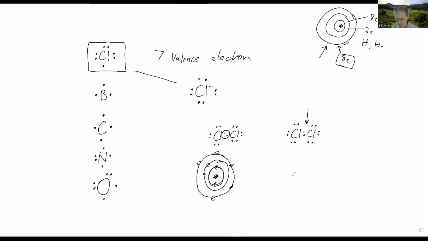What happens in a covalent bond is you have the 2 nuclei and you still have the inner electrons going around each nucleus, right? And then on these outer electrons, there would be 6 in here on this ring.